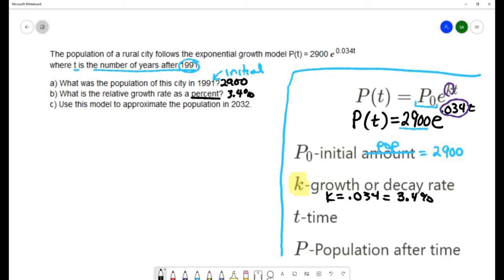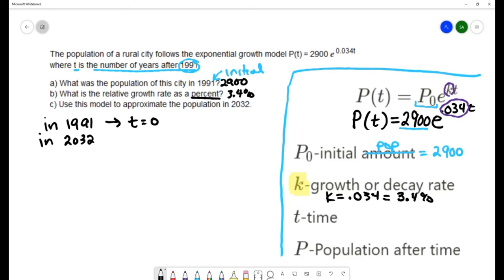And then in part C, we want to use this model to approximate the population in 2032. So in 1991, we consider this to be our starting point, our beginning. And at the beginning, we set that to be a time of 0. In 2032, we want to approximate the population at that moment in time.